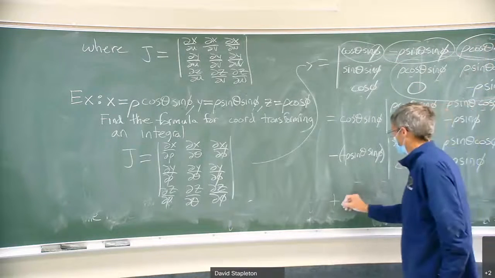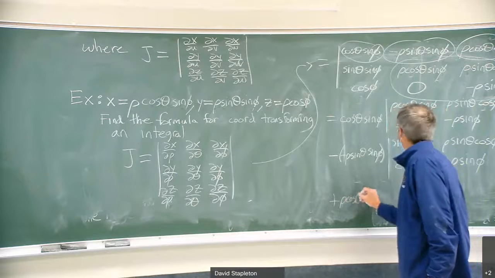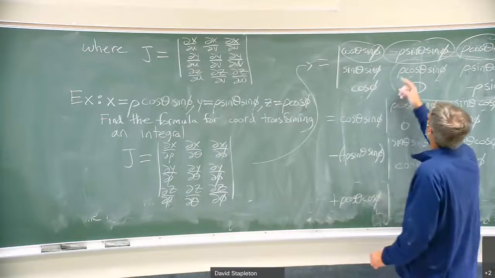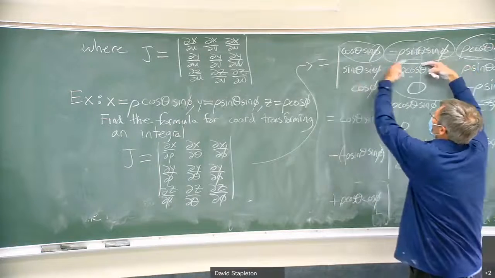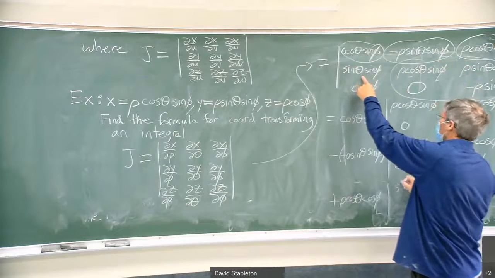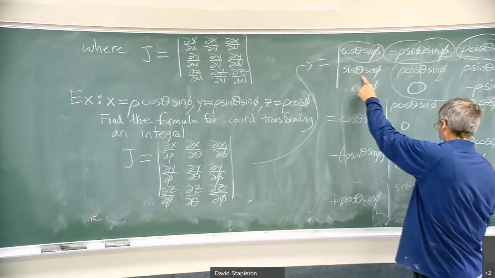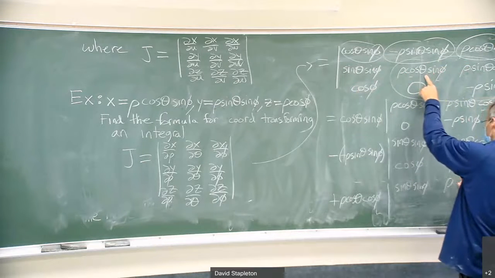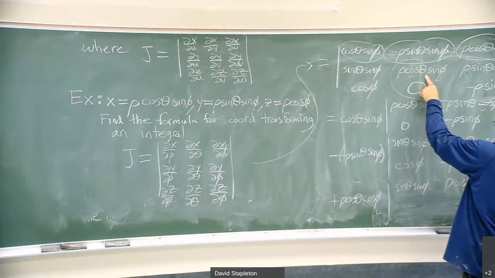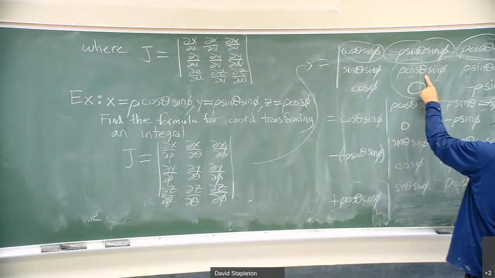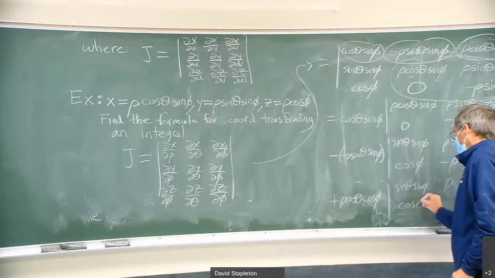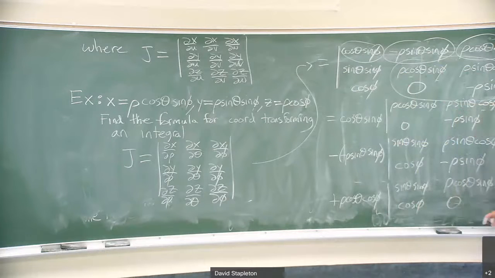So plus this one, rho cosine theta cosine phi, and I'll multiply by the determinant I get by wiping out its row and column, these 4 elements: sine theta sine phi, rho cosine theta sine phi, cosine phi, and 0. So that's a lot to write down.